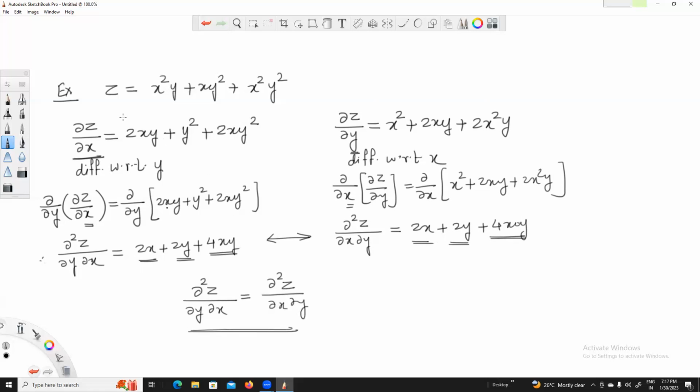So if your function is continuous, because this is a polynomial function in x and y, so this must be continuous over the range of real numbers. So in such case, your second partial derivative with respect to x and y, irrespective of the sequence in which you have differentiated, will not cause any error. Both would be same. So this is the beautiful result about partial derivatives.